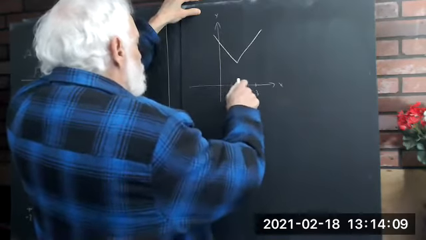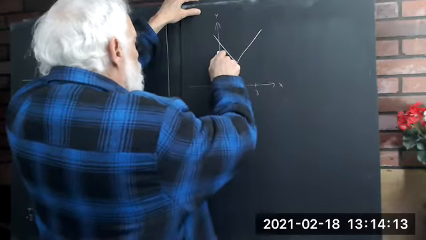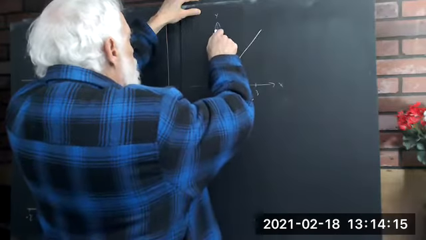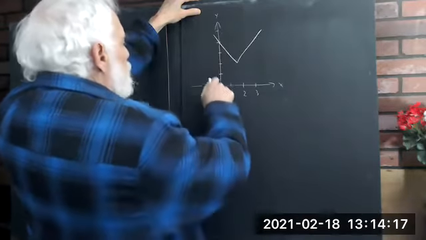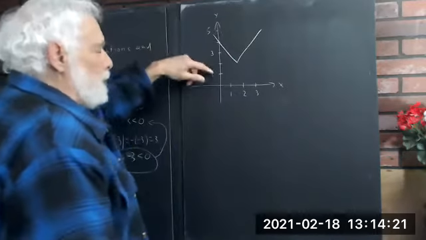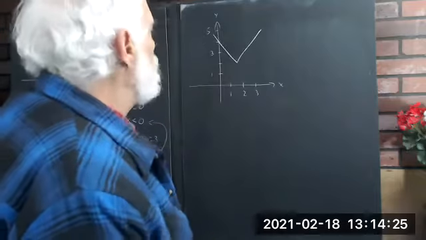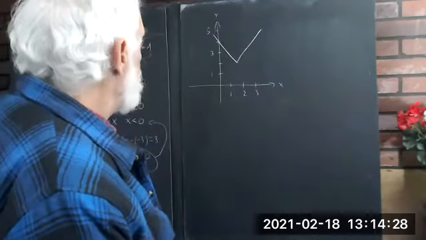And up here, let's go ahead and use an equal scale: 1, 2, 3, 4, 5. Okay, so there's 1, there's 3, there's 5, and you can guess where 2 and 4 are. Okay, what's the equation for this function?